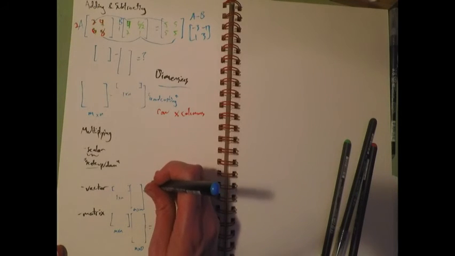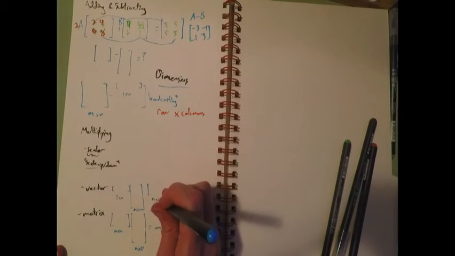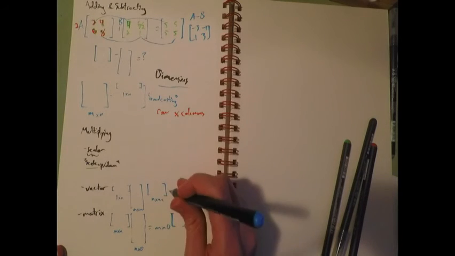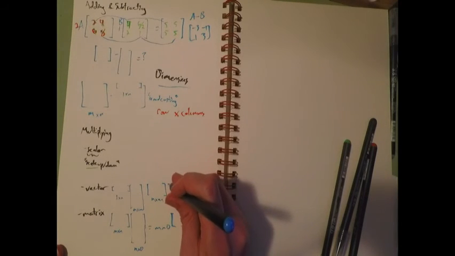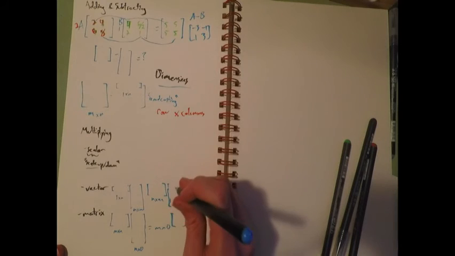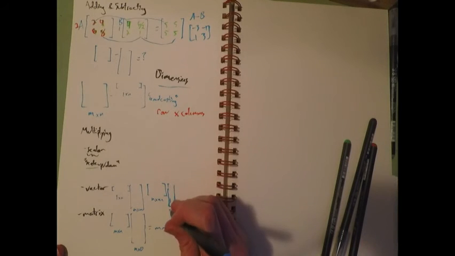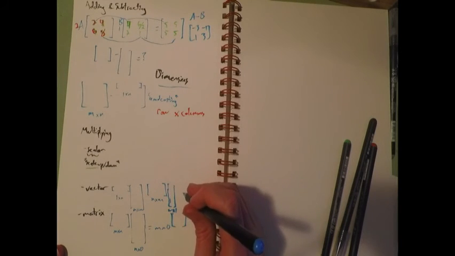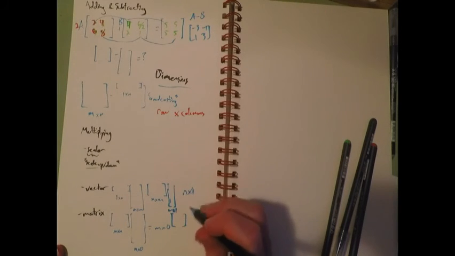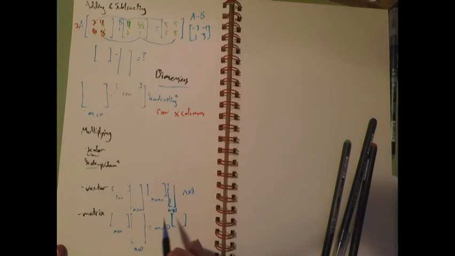right? Or if we have, let's say, an n by m matrix, we could multiply that by an m by 1 matrix, right? And in this case, we're going to get back something that's going to be n times 1, n rows and 1 column. So we're going to get something back as tall as this, but as wide as this.